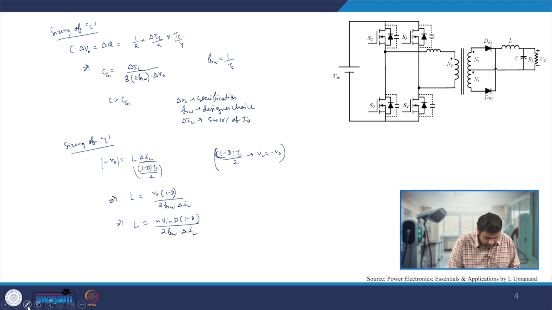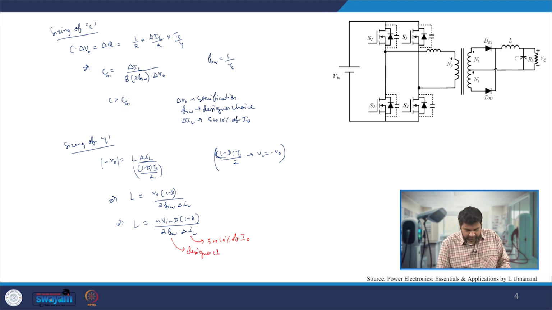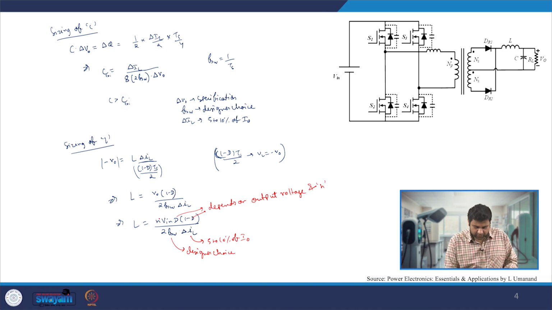If we look very carefully at this term, delta IL is generally 5 to 10% of I naught. This is the designer's choice, and depending upon the output voltage, we can calculate this D. D depends on the output voltage and the number of turns N, and N is again the designer's choice, and V in is given in the specification.